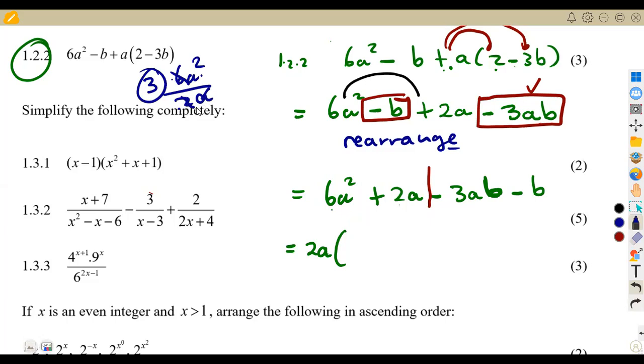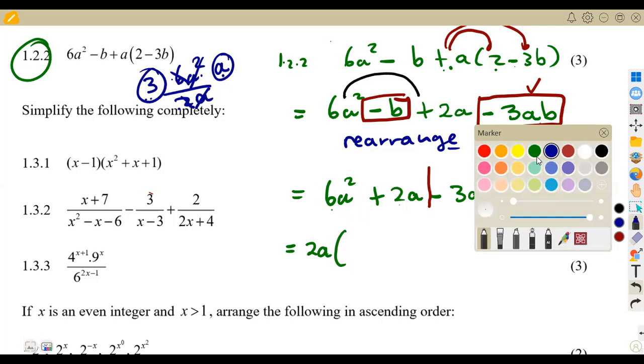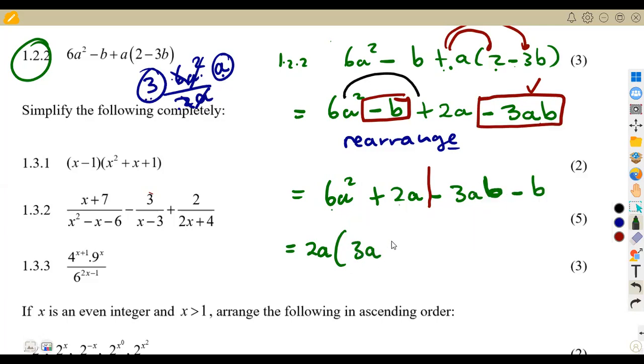Then a squared and a, we remain with a, or you just use your exponents, 2 minus 1, since you are dividing same powers, you subtract the exponents. So you're going to be left with 3 times a, that is 3a.